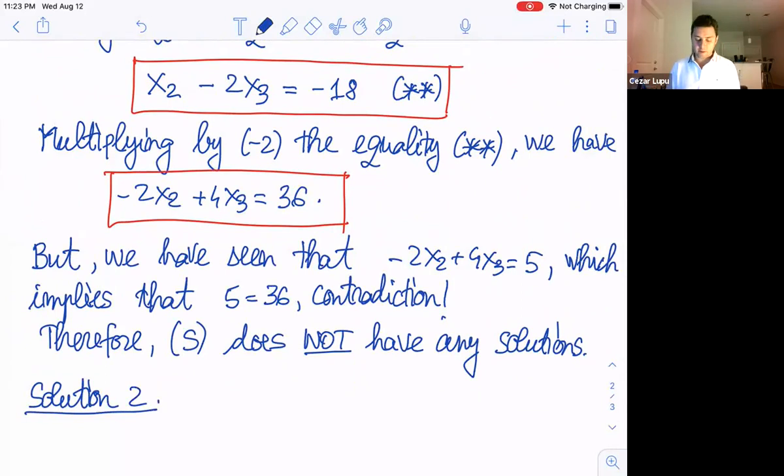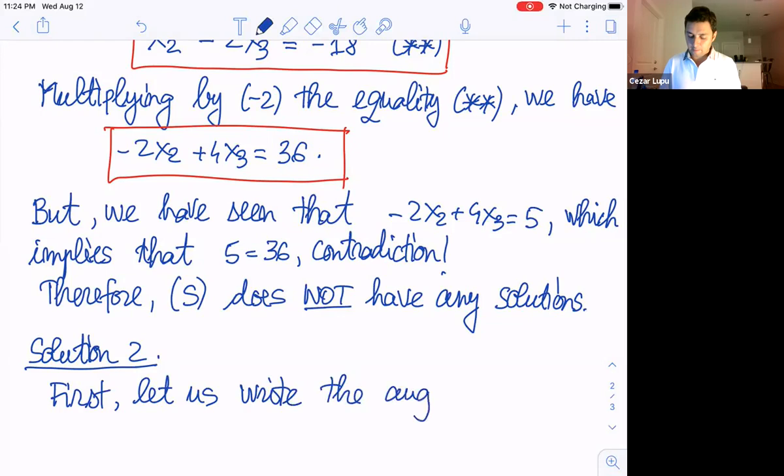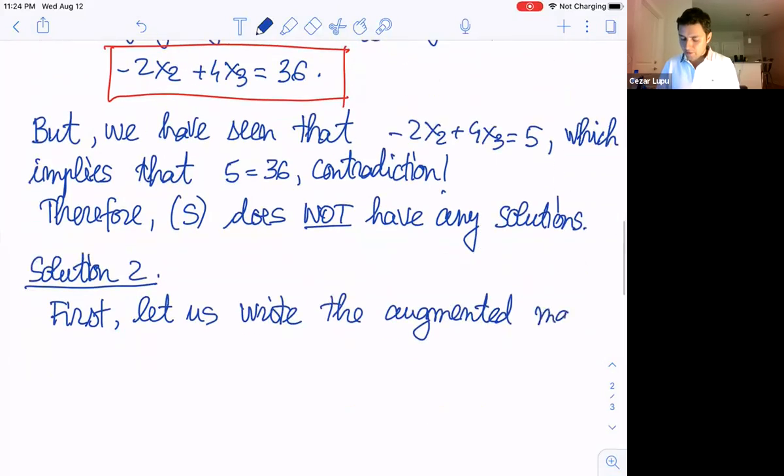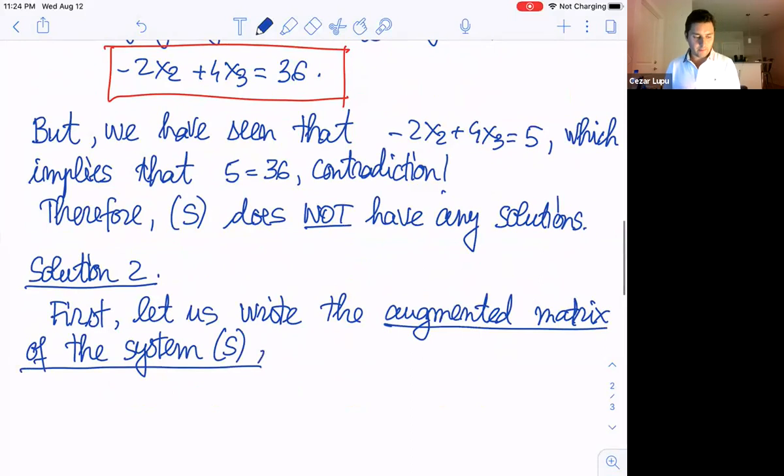write the augmented matrix. So first, let's write the augmented matrix of the system S, which is given by the following.